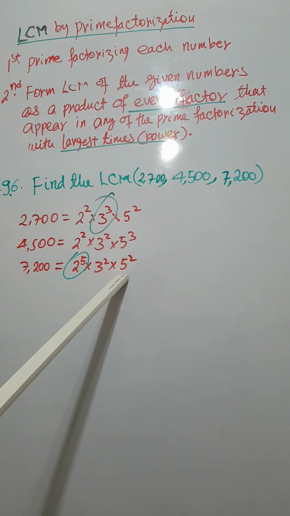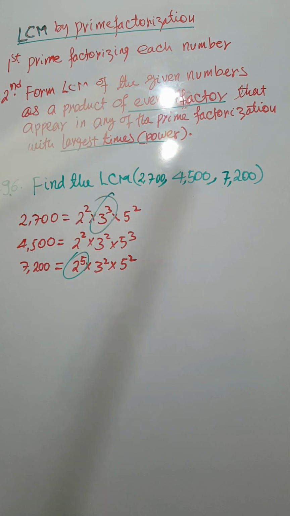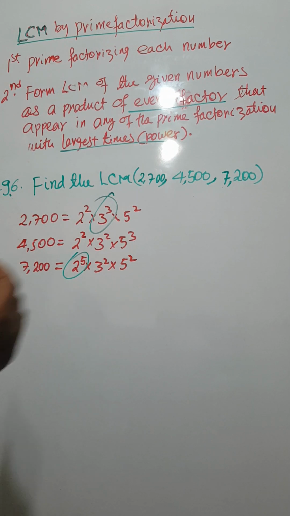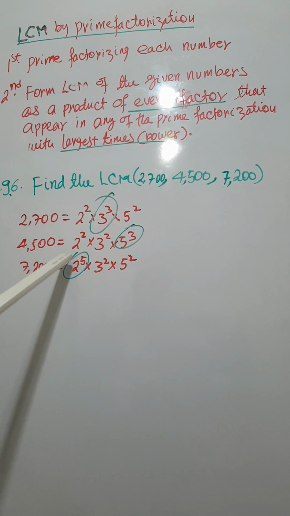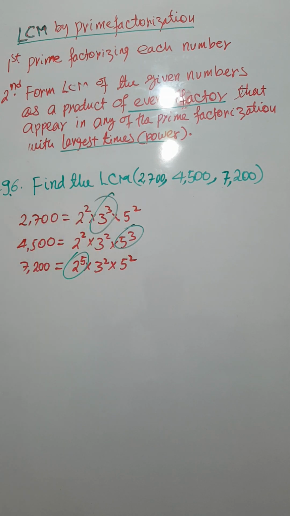Now 5 as 5 to the power of 2, 5 to the power of 3, and 5 to the power of 2. Then 5 to the power of 3 is the largest. So simply, the LCM of these big numbers is the product of 2 to the power of 5, 3 to the power of 3, and 5 to the power of 3.